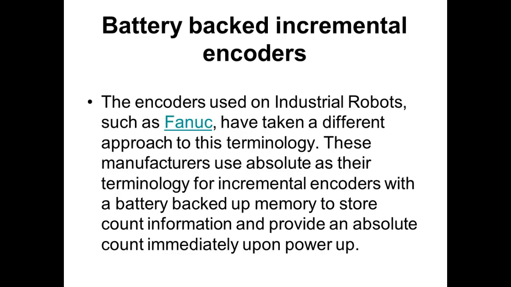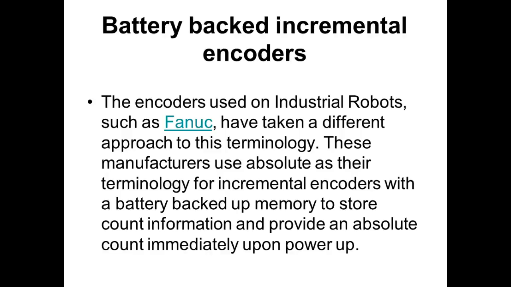Battery backed up incremental encoders, this is what we just got through talking about. These are what most of your robots use now. Somewhere in the robot itself are batteries, and they have to give you access to those because batteries die.